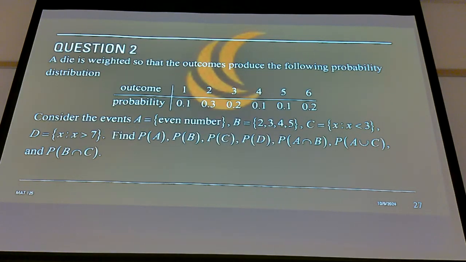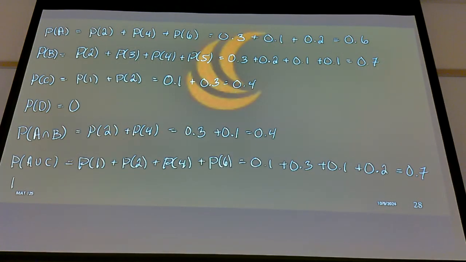B intersected with C. So it's like 2, 3, 4, 5 with 1, 2. Just 2. It's just 0.3.